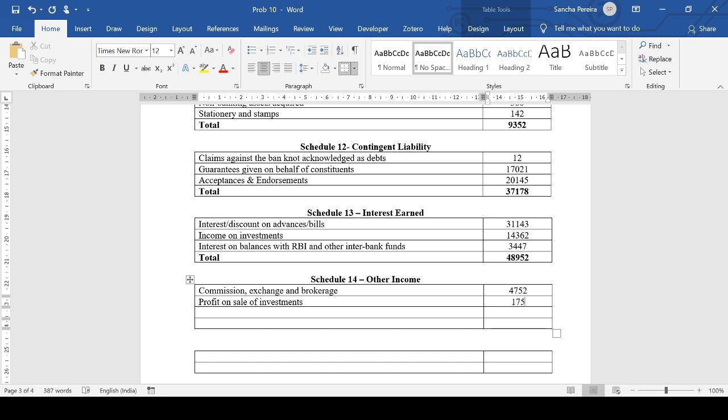And in the debit balances, we have a loss on revaluation of investments. Though we don't have a profit on revaluation of investments, we have to show that as a negative figure. So loss on revaluation of investments is 215. Since it's a loss, I'm going to put it in brackets. So the final amount here is 4712.